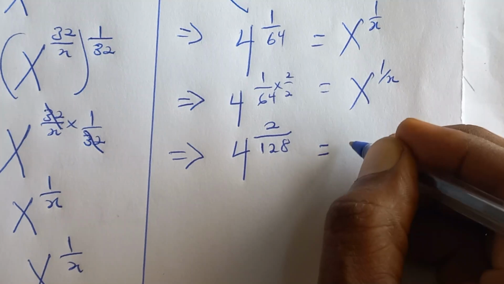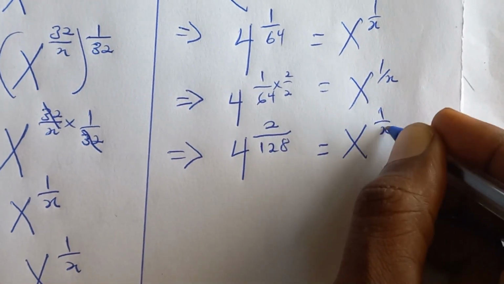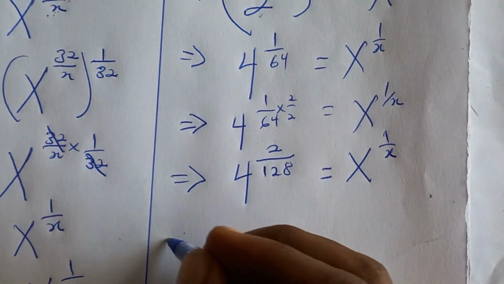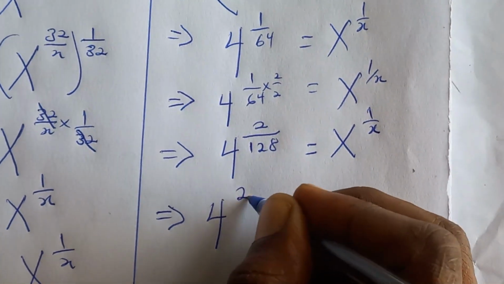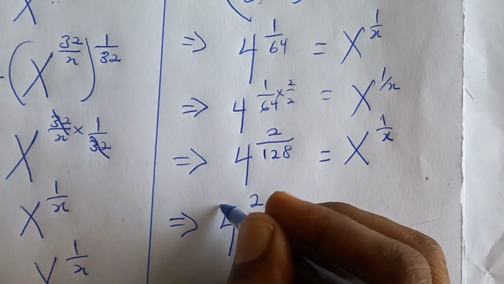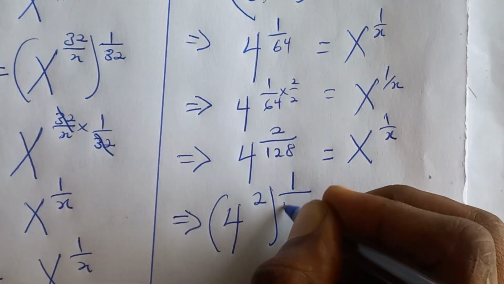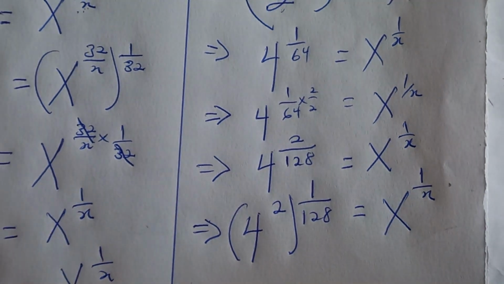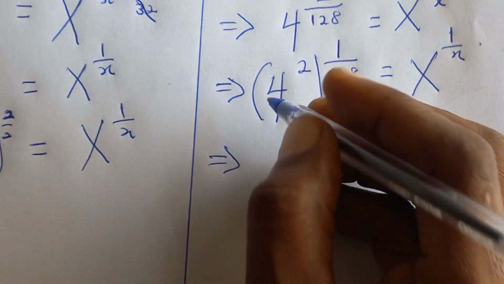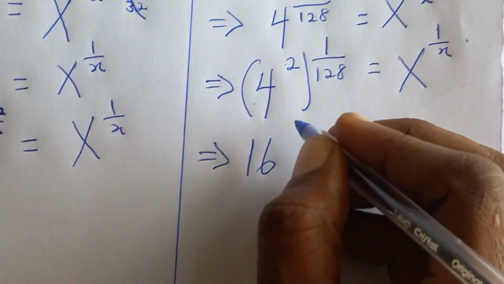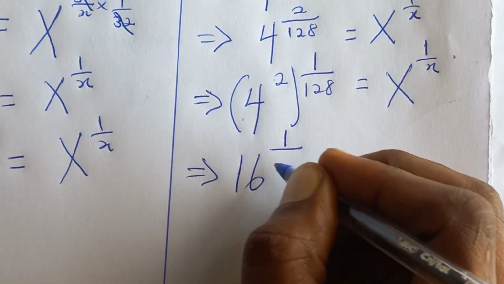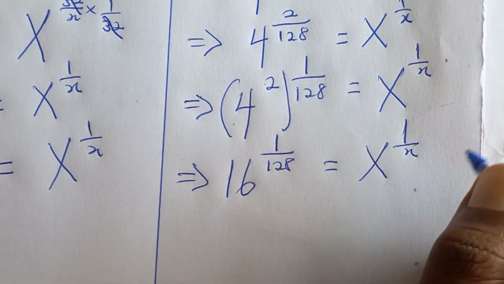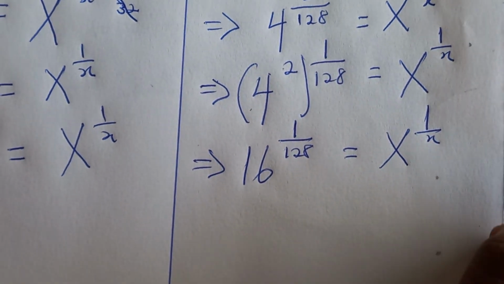We can bring 2 inside: 4 squared bracket 1 on 128 is equal to x exponent 1 on x. And 4 squared is 16, so it will be 16 exponent 1 on 128, equal to x exponent 1 on x. We will continue.